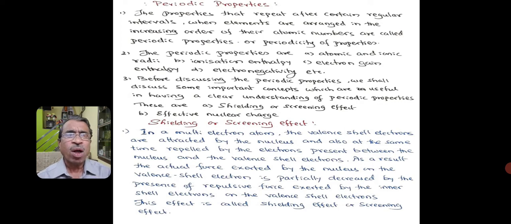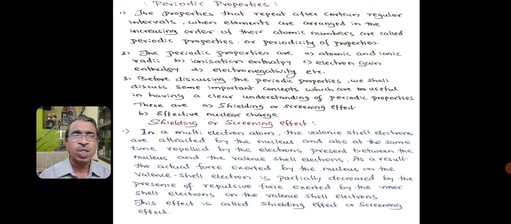In a multi-electron atom, the valence shell electrons are attracted by the nucleus and at the same time repelled by the electrons present between the nucleus and the valence shell electrons. As a result, the actual force exerted by the nucleus on the valence shell electrons is partially decreased by the presence of repulsive force exerted by the inner shell electrons on the valence shell electrons.